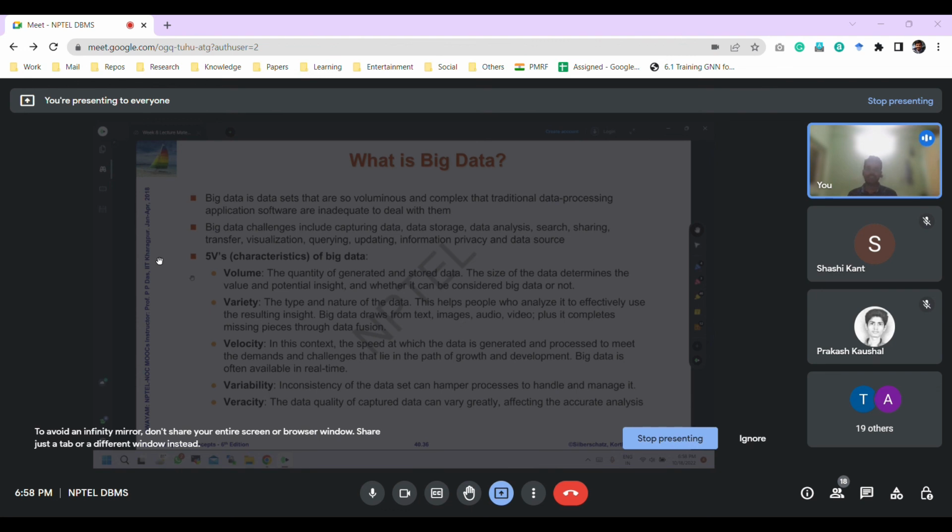If a certain tweet emerges, it gets millions and millions of retweets, so how we should store that comes under big data. Then there is variability, meaning there should be no inconsistency. Then there is veracity: the data quality of captured data can vary greatly.